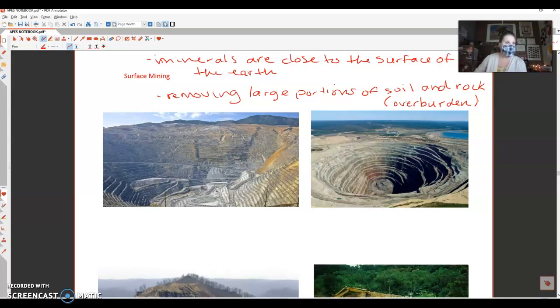Okay, so right here, these two types of mining are examples of what we call strip mining. So by looking at this, you can see that literally layer after layer of the earth is stripped away. Okay, I know it looks like steps, but they're actually huge differences between one and the next one.